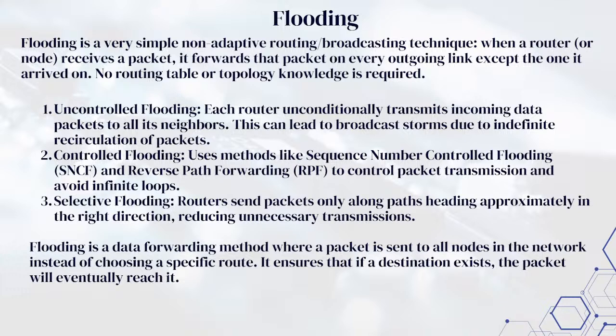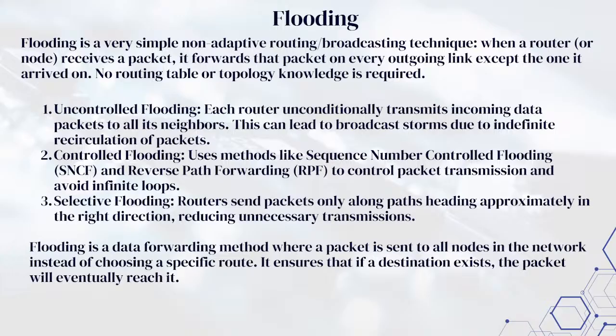So uncontrolled flooding means each router unconditionally transmits incoming data packets to all its neighbors. This can lead to a broadcast storm due to indefinite recirculation of packets, right. Controlled flooding means using methods like sequence number controlled flooding and reverse path forwarding to control packet transmission, and also it will avoid infinite loops.